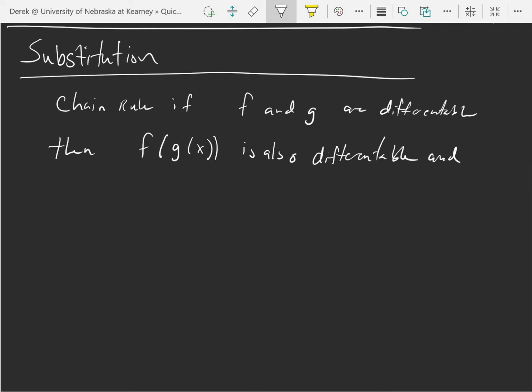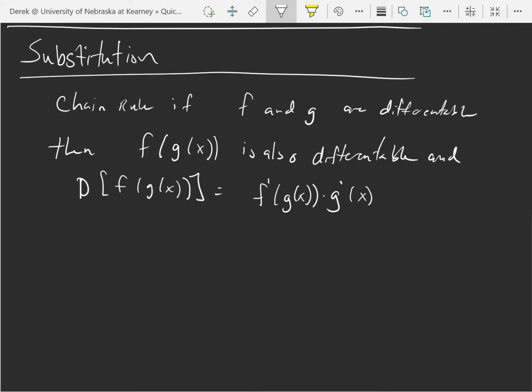And the derivative of f of g of x is equal to f prime of g of x times g prime of x.